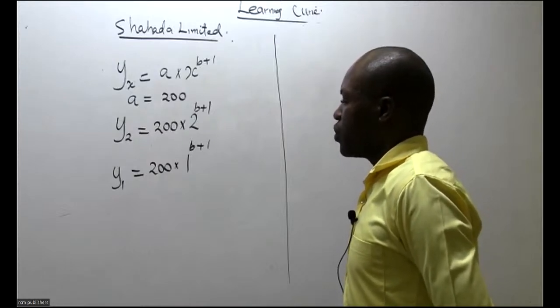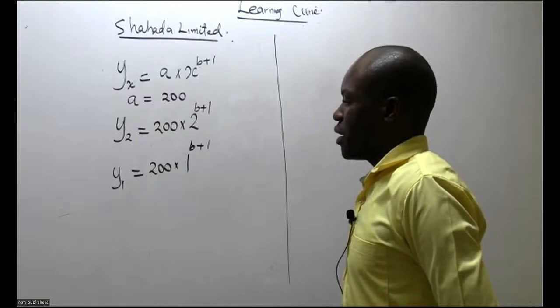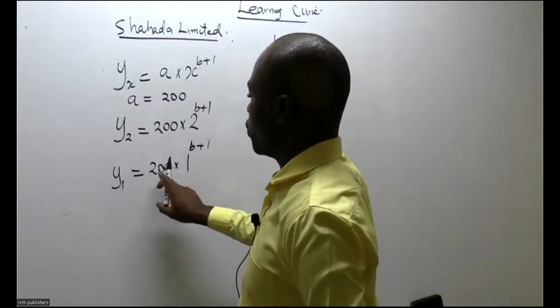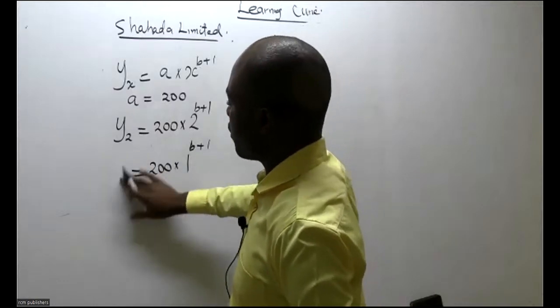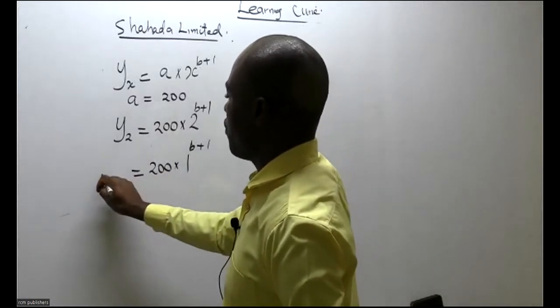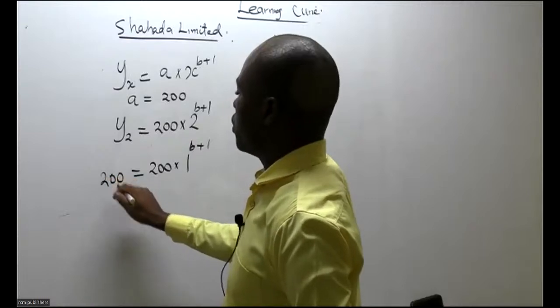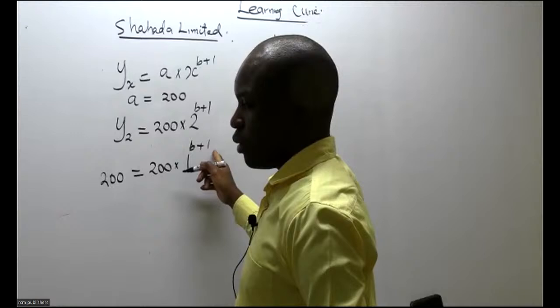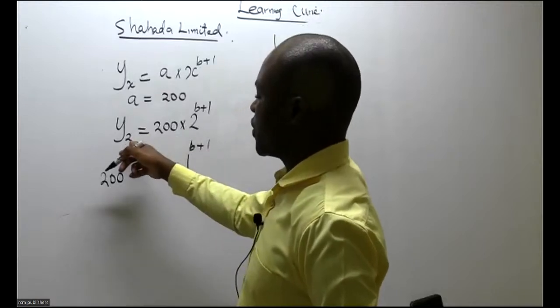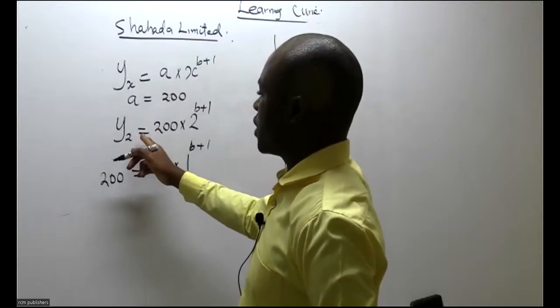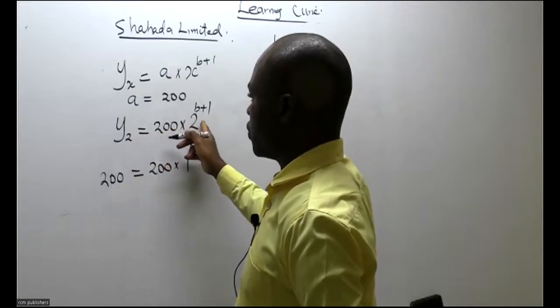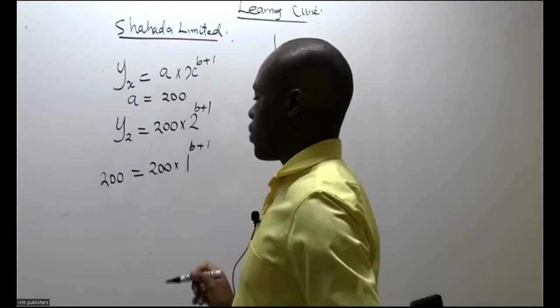Now, are we able to get that b plus 1? Remember, the time taken to produce the first unit is equivalent to 200. So whatever you have here should be equivalent to your 200 times this raised to the power b plus 1.